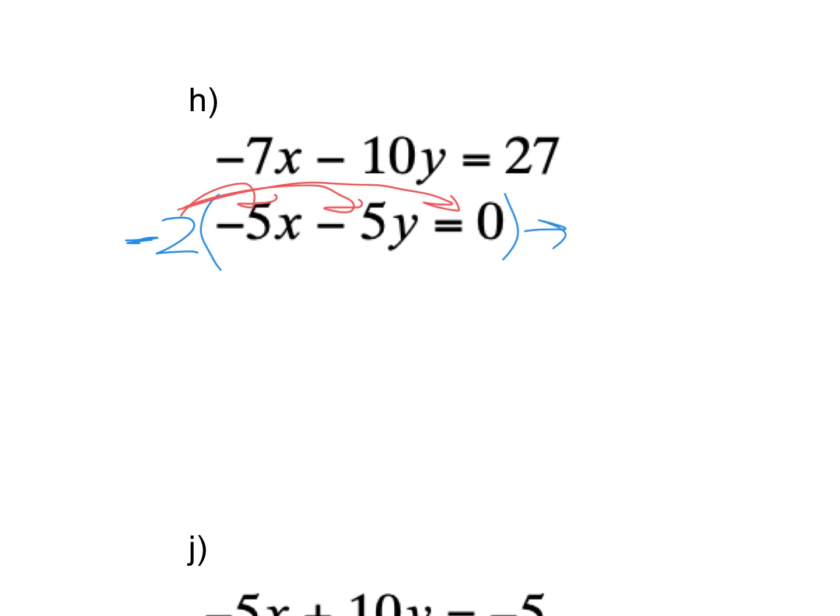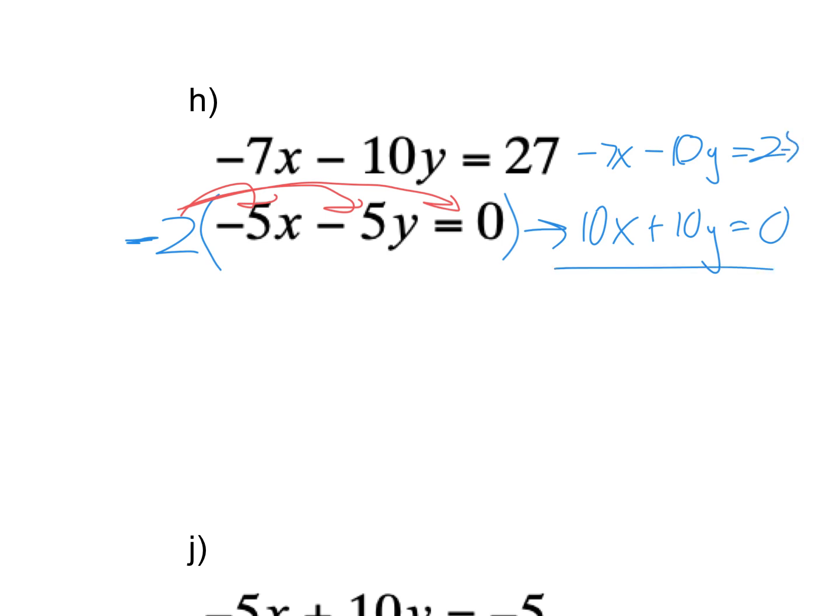Negative 2 times negative 5x is 10x. Negative 2 times negative 5y is plus 10y. And anything times 0 equals 0. So I have my new second equation. I'm just going to copy the first equation as it is on top.